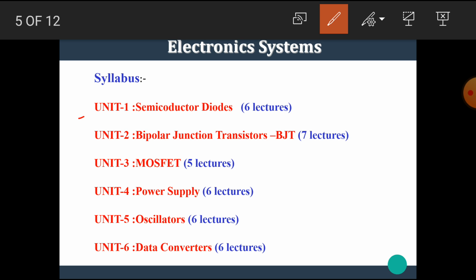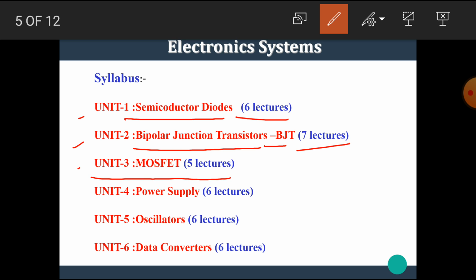The first unit is Semiconductor Diodes, which is for 6 theory lectures. The name of unit second is Bipolar Junction Transistor, or in short BJTs, which is for 7 theory lectures. The name of unit third is MOSFETs, which is for 5 theory lectures.